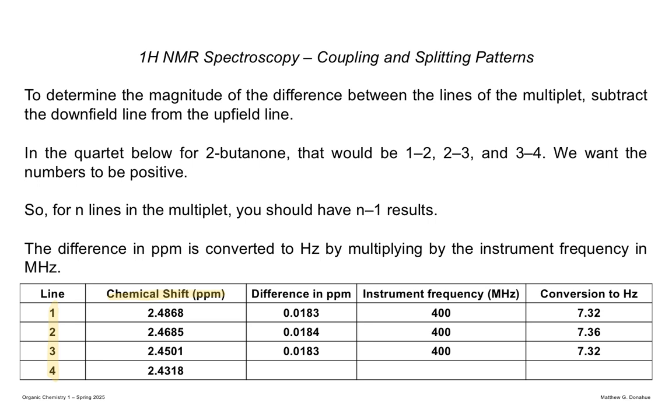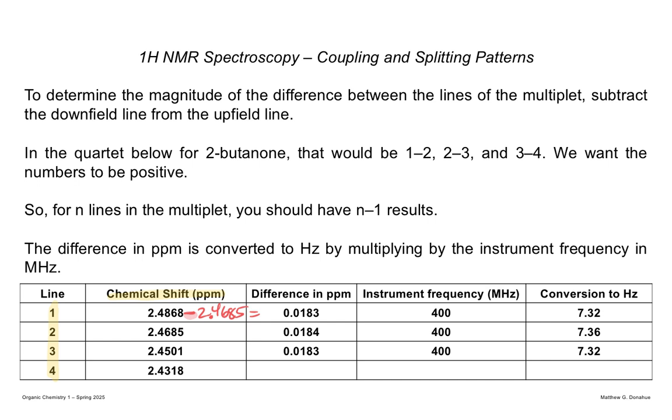We're taking 2.4868 minus the next line, 2.4685, and that gets us the difference.